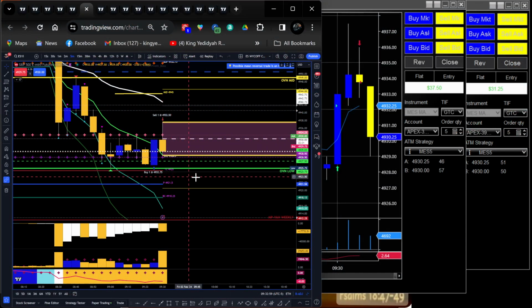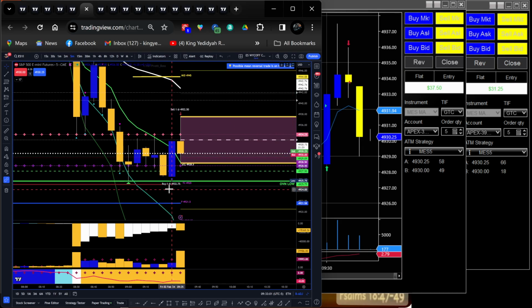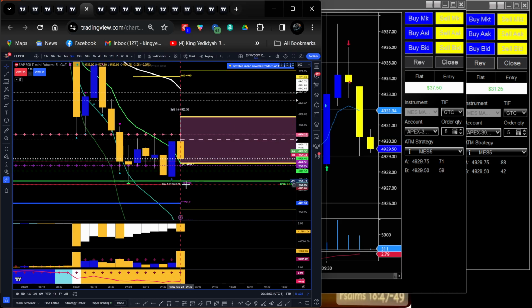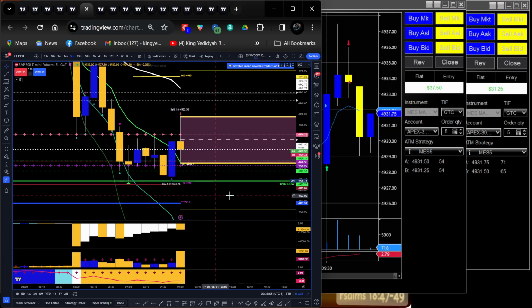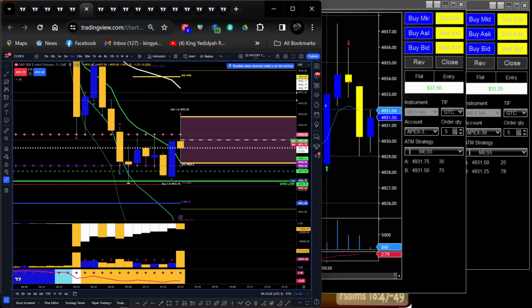And if you look over here, that's where the TC is, the pivot TC at 49.25. Sweep NQ. NQ stop run.